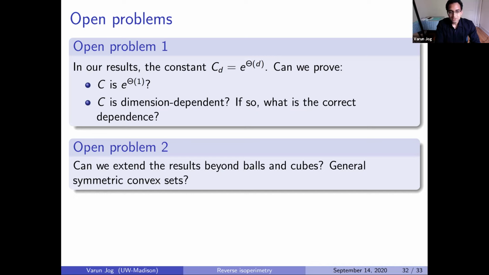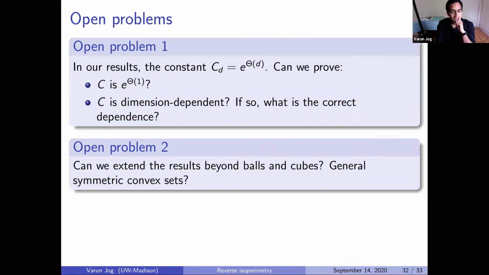But is it possible that these are just examples of more general results that hold for all symmetric convex sets? So you start with an arbitrary measurable set, you smooth it by some nice symmetric convex set, and then these kinds of results have to hold for parallel sets of that form as well.